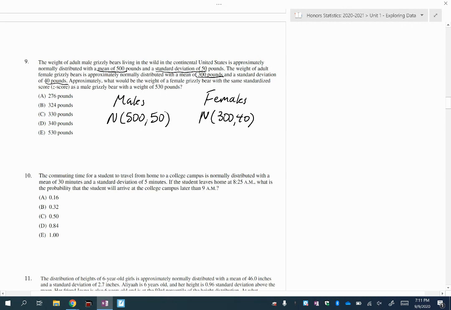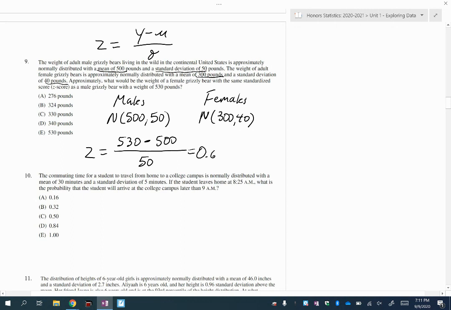It says approximately what would be the weight of a female grizzly bear with the same standardized score, z-score, as a male grizzly bear with a weight of 530 pounds. So let's first standardize that male at 530 pounds, using the formula (y minus mu) over sigma. 530 minus a 500 pound mean, divided by a 50 pound standard deviation, is 30 over 50, so that's 0.6.